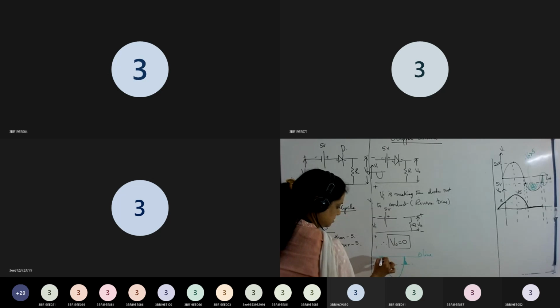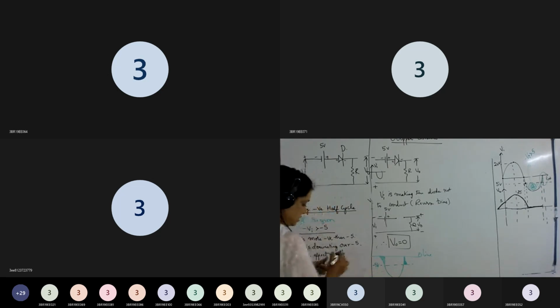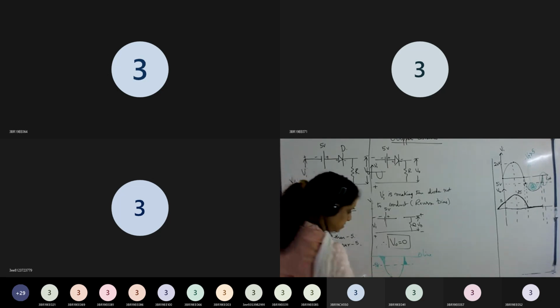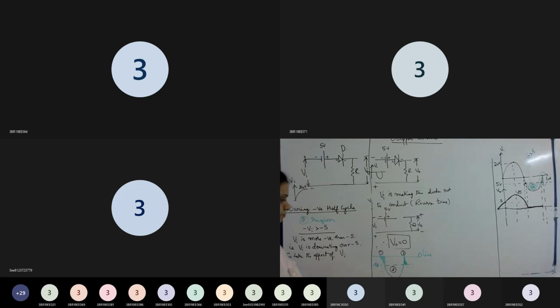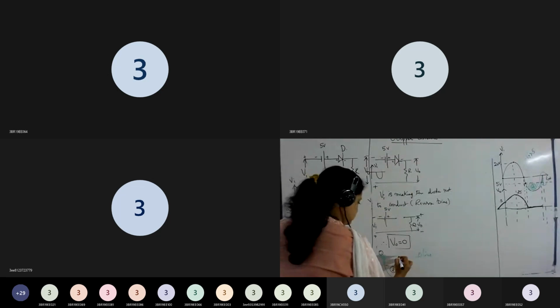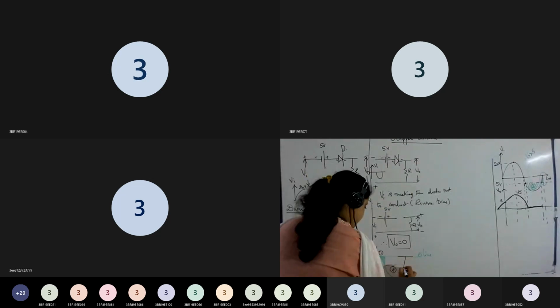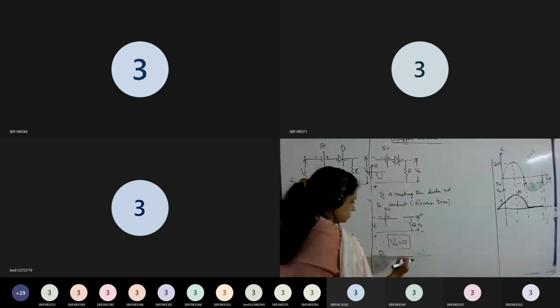Actually, we have not discussed this part because directly according to the mathematical equation, we have considered. So there are three regions in the previous class we have discussed now. This is the first region, this is the second region, and this is the third region. So it should be written in this way. Wait. So this is the third region.